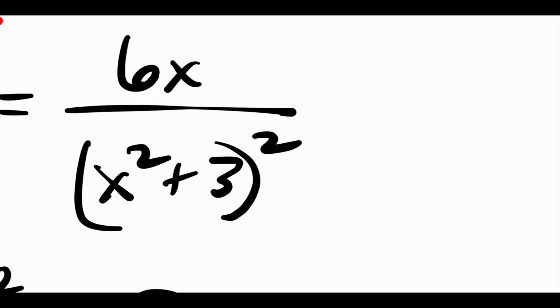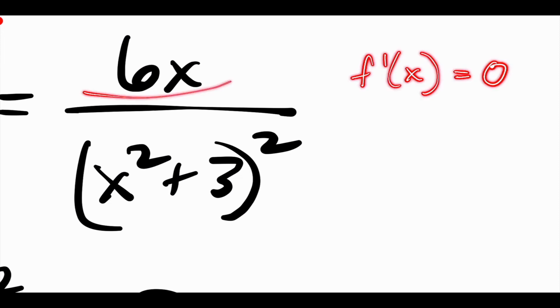Exactly, but only where? The top, right? I wouldn't need to set the bottom. Remember, horizontal tangent lines means 0, right? That's just the top.